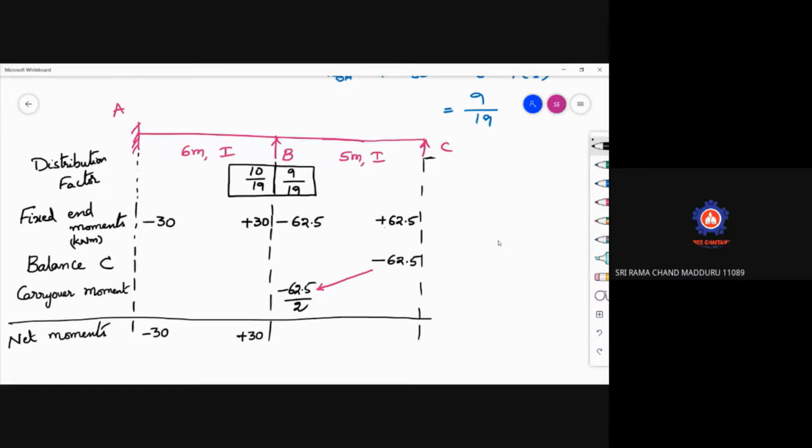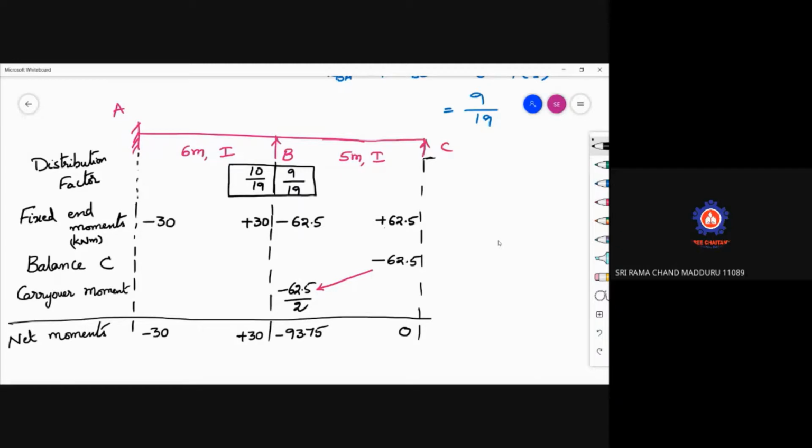And towards BC, the moment will be minus 62.5 minus 62.5 by 2, so minus 93.75 kilonewton meter. And plus 62.5 minus 62.5 is equal to 0. So these are the net moments after balancing C, and the carryover moment is applied at B.